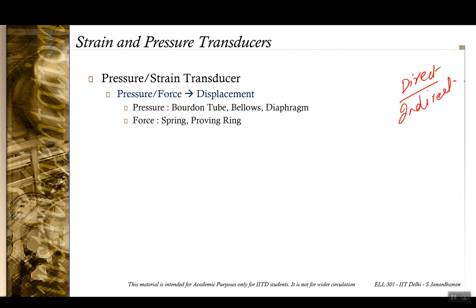By direct measurement, we mean that the applied force is directly translated to a displacement which is measured using a dial, so the displacement is calibrated. We measure the displacement directly and the force is calibrated based on the displacement.